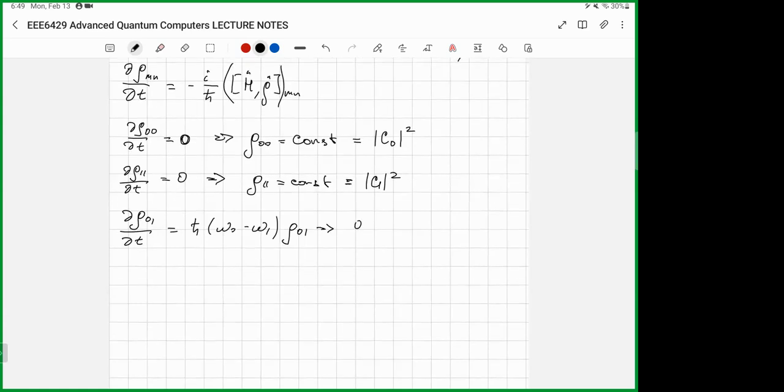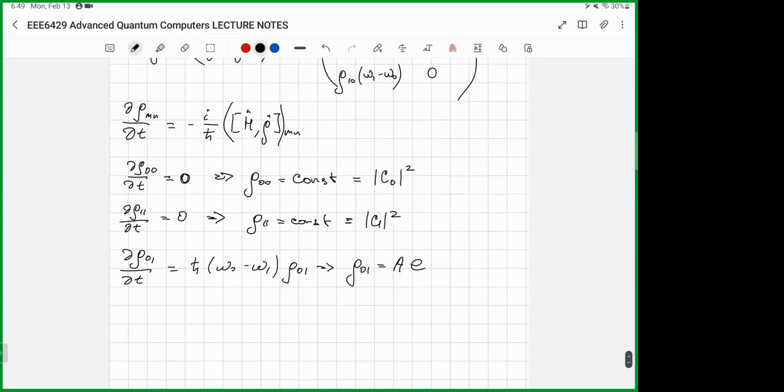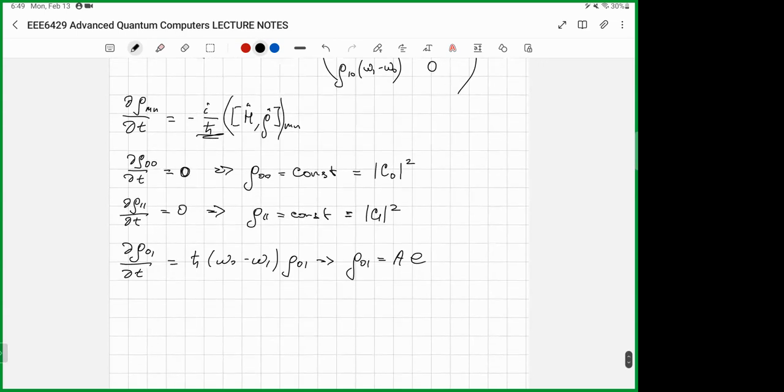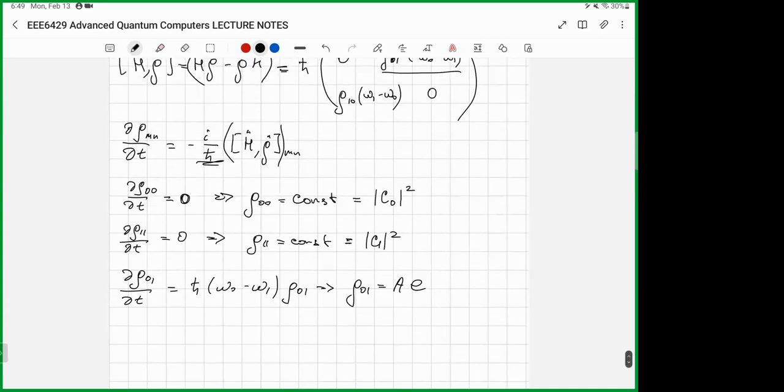So the solution is rho 0 1 is some constant times e to the power of... I've lost something. Yeah, I've lost this prefactor here, so it must be multiplied by minus i over h bar.